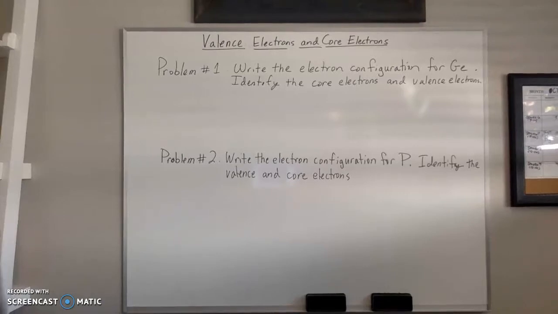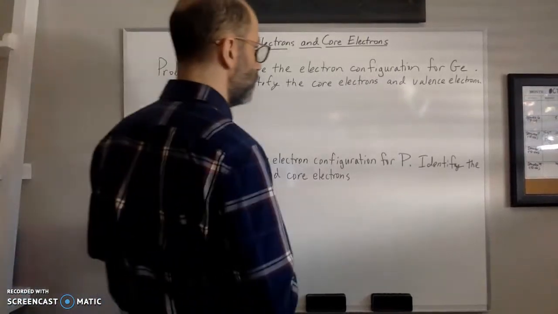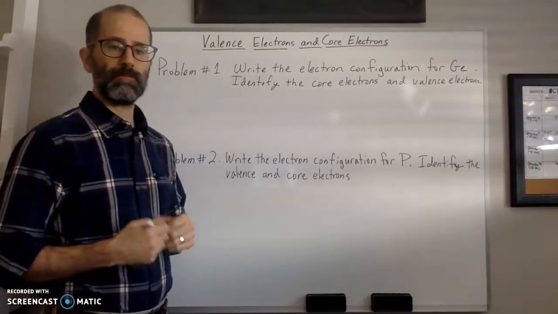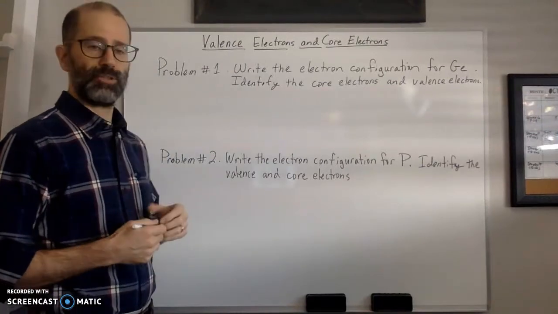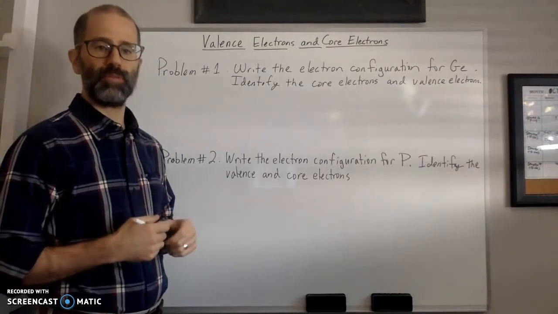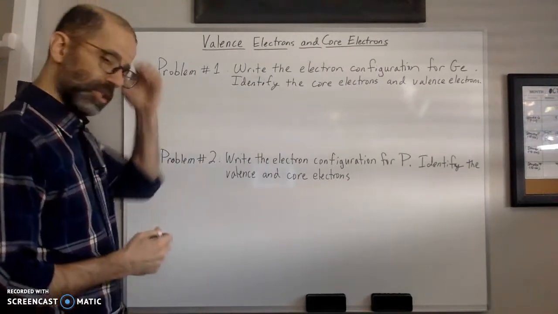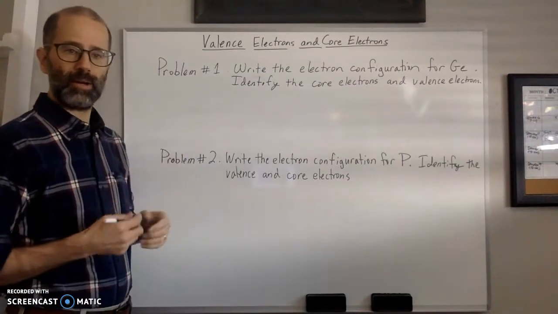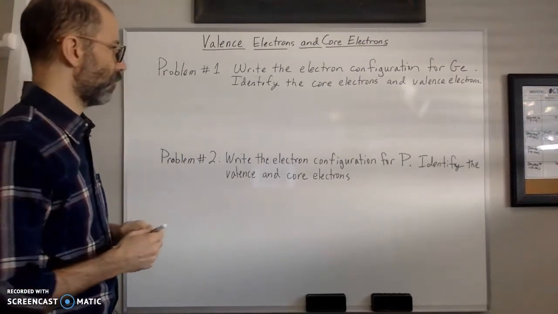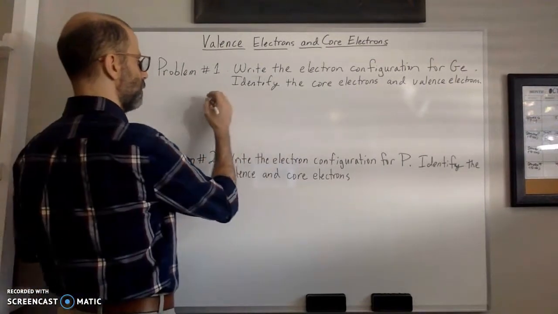And we are told that it has 32 electrons. And so we need to fill in the electrons according to the order of the sublevels and the energy of those sublevels. So at this point, you should be able to write out the electron configuration. We have 32 electrons.